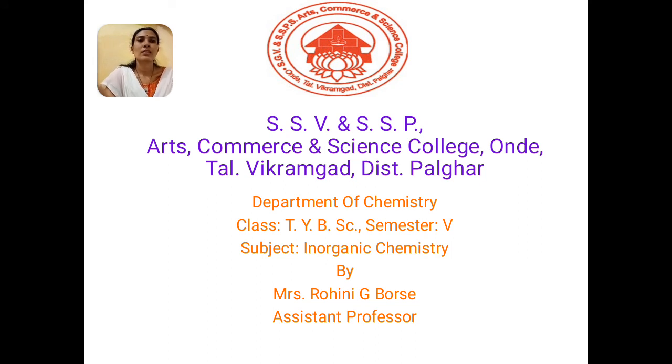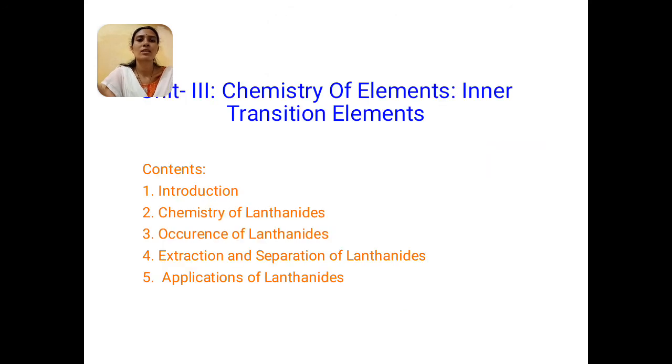Today, in this lecture, we are going to start Inorganic Chemistry paper for semester 5. As you all are familiar with the syllabus of Inorganic Chemistry paper for the semester 5, in this paper, total 4 units are there, and in this lecture we are going to start unit 3. Unit 3 is chemistry of elements, inner transition elements.